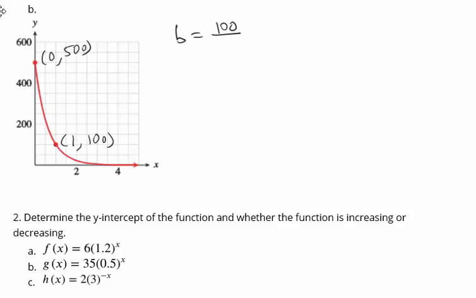Remember, just work right to left with those, so 100 over 500, or 1/5. And our formula, we'll call it f of x, is equal to a times b to the x, and in this case a is 500, which is the y-intercept.